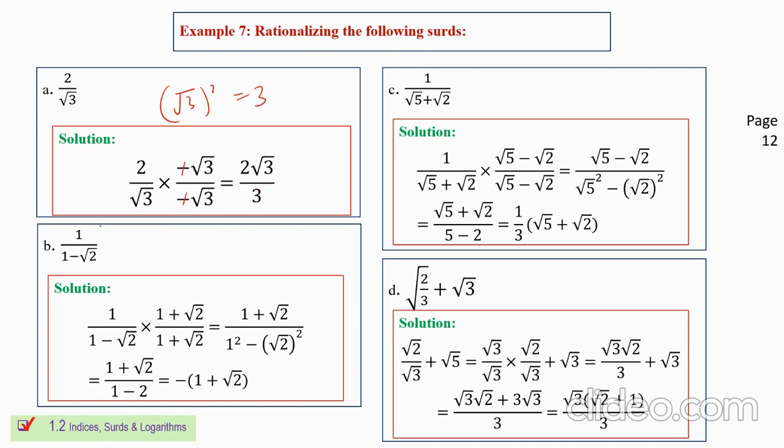If we look at question B, it is 1 minus surd 2. I have more than one term, unlike just now. It's regardless whether you want to change the sign in front of the first or the second term. So the 1 here, I change it to become positive.